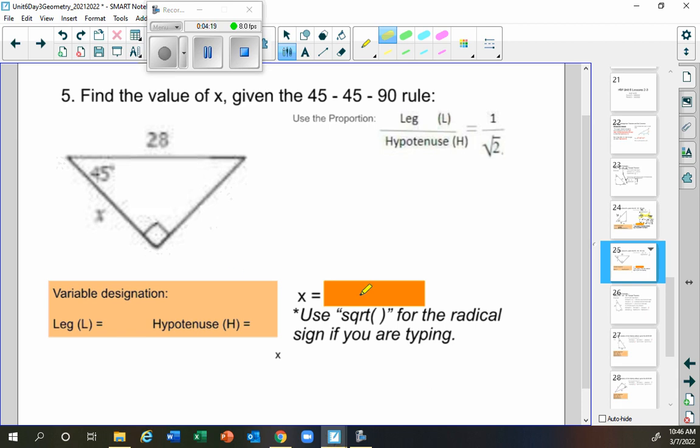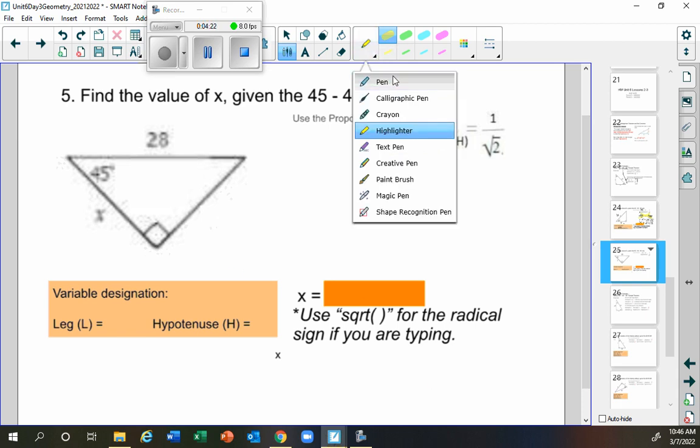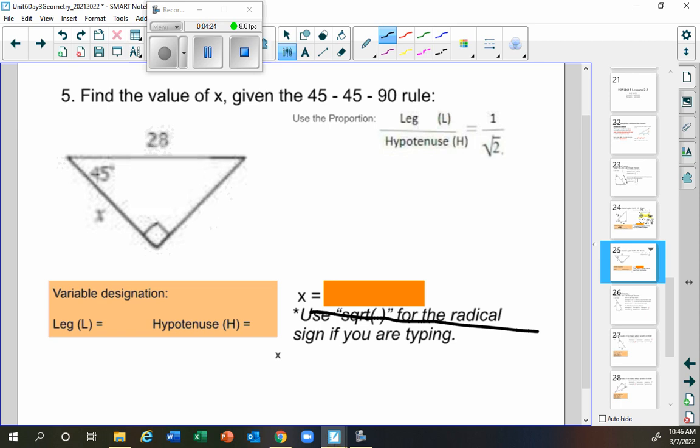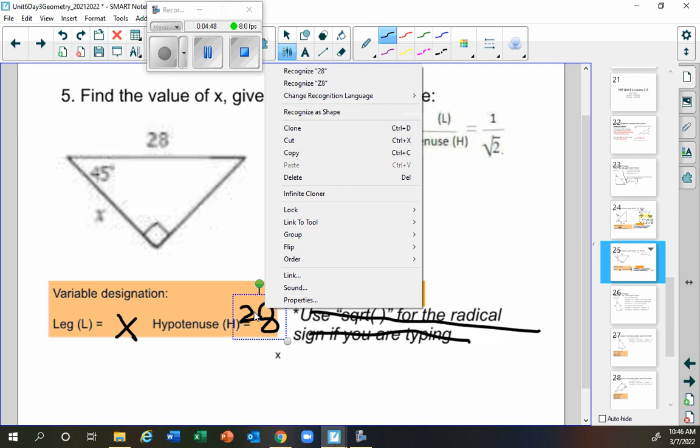All right, now, this one's going to be a little more work. What's the leg? Is it the 28 or the X? X is our leg. That means our hypotenuse is 28.